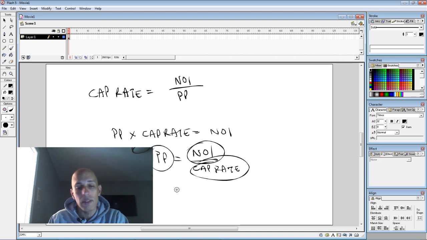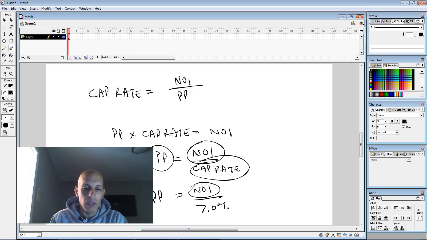If you're just asking what the average cap rate of this area is, you can come up with a purchase price for it. But now let's say you know the NOI, and you know that you want a 7.0 cap rate. You just divide the NOI by the cap rate, and you would get your purchase price. So this would be like your ideal offer. This would be generally what the seller's offering, and you'd probably end up somewhere in between.